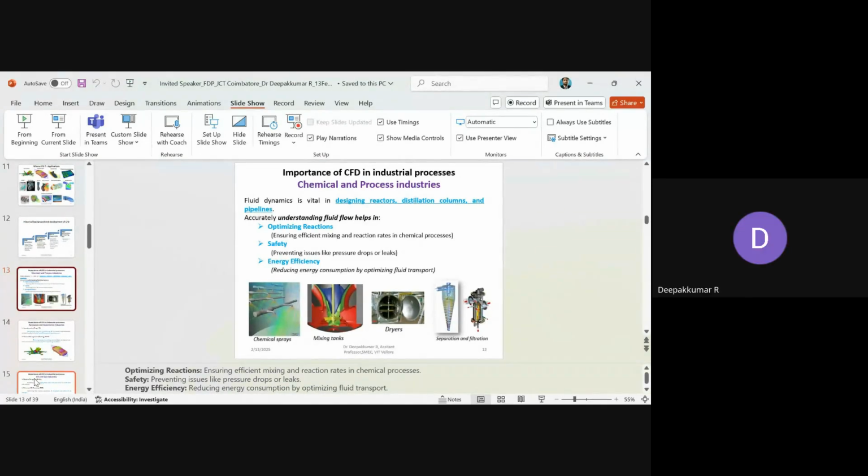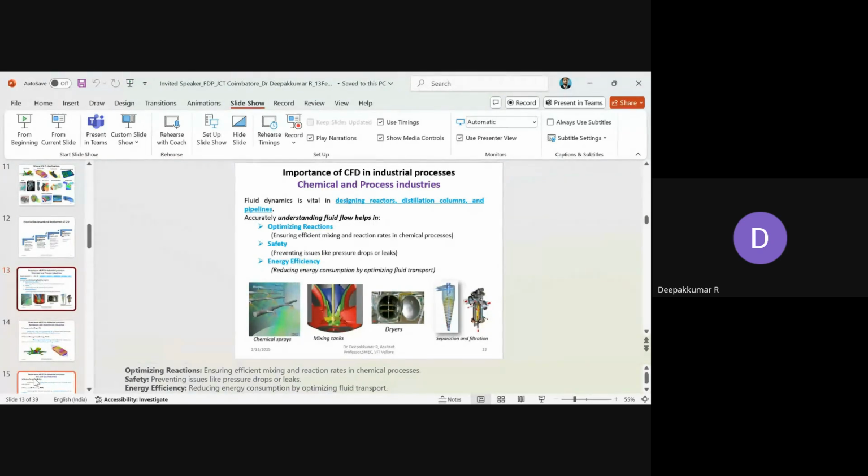Say, for example, in various industries, CFD plays a major role. In the chemical and process industry, fluid dynamics is vital in designing reactors, distillation columns, and pipelines. Accurately understanding the fluid flow in these particular systems is very useful for optimizing the reactions, ensuring efficient mixing and reaction rates in chemical processes.